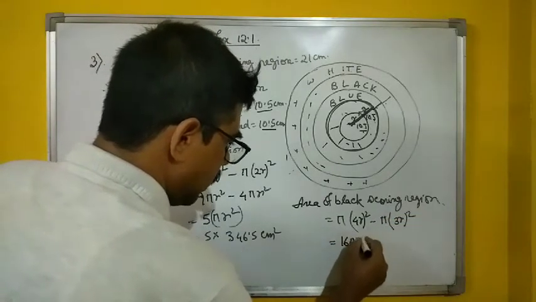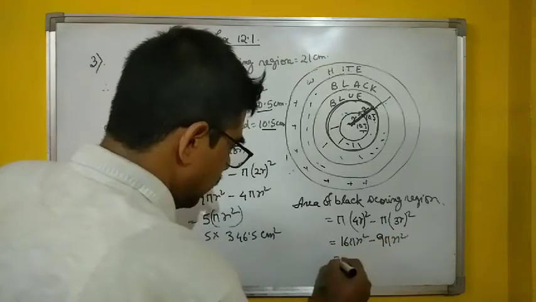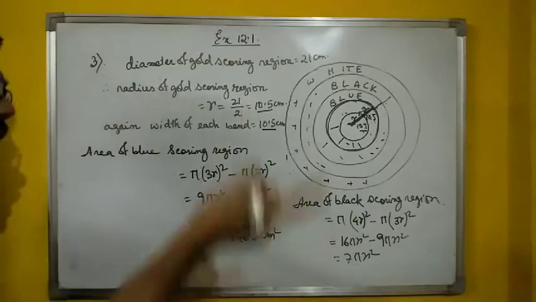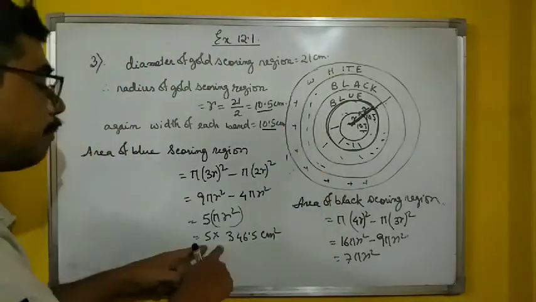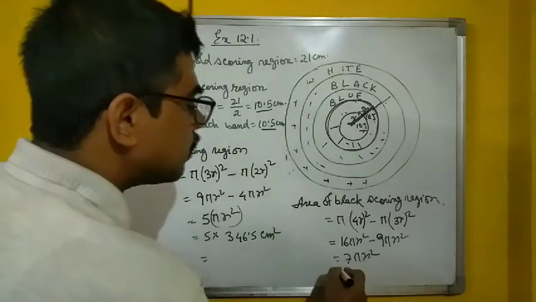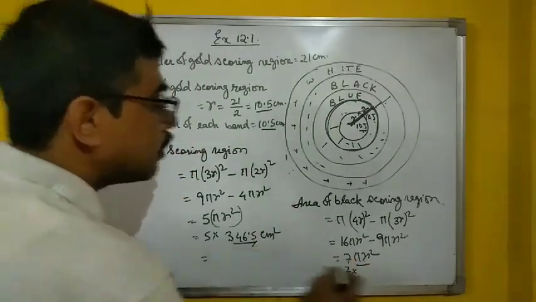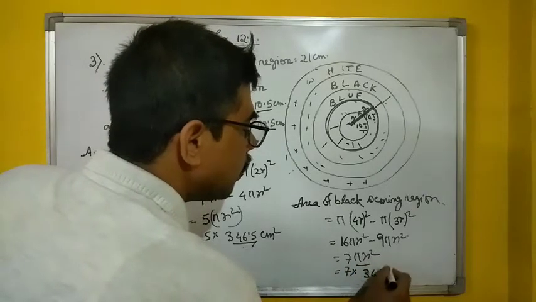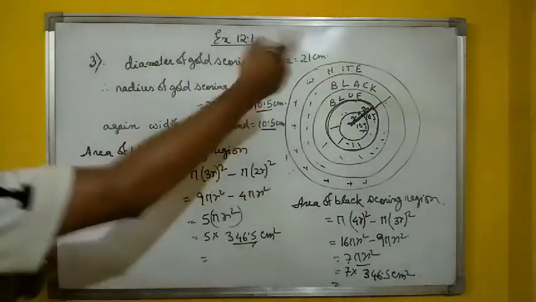So it will be 16 pi R square minus 9 pi R square. It is 7 pi R square. Interestingly, the results are pi R square, then 3 pi R square, then 5 pi R square, then 7 pi R square. So 7 into 346.5 centimeter square is the answer.